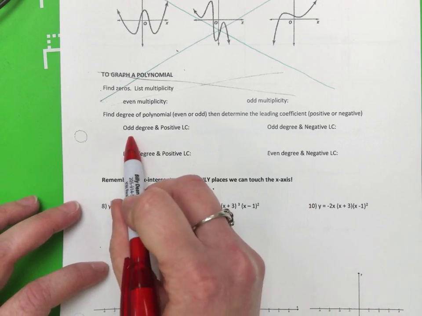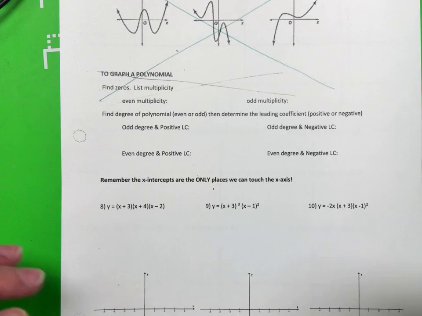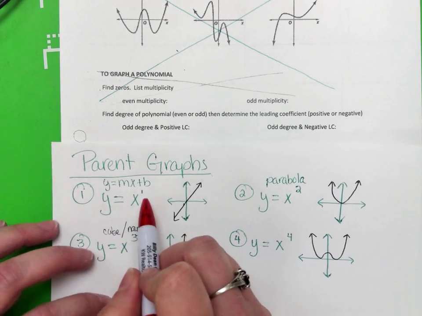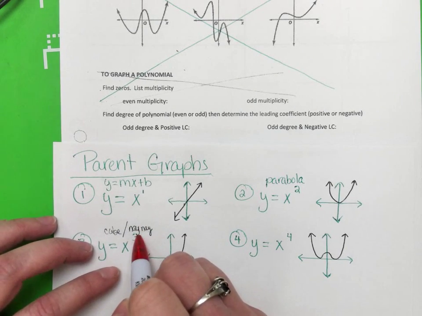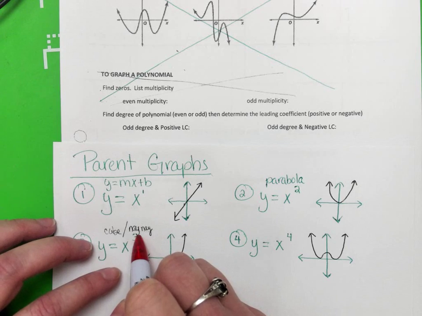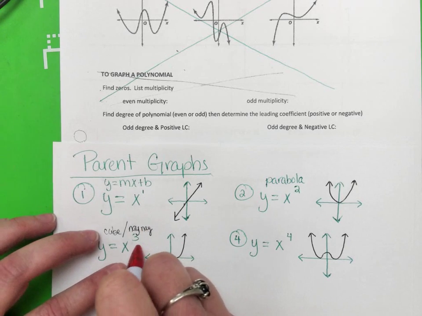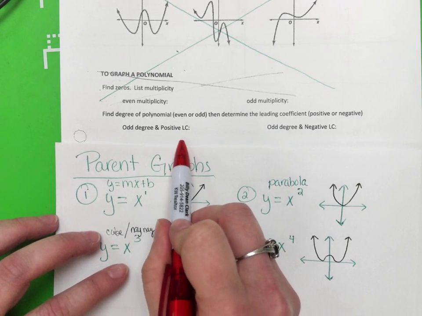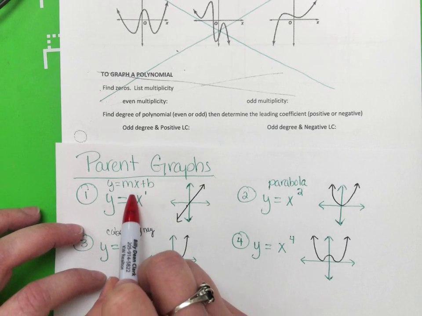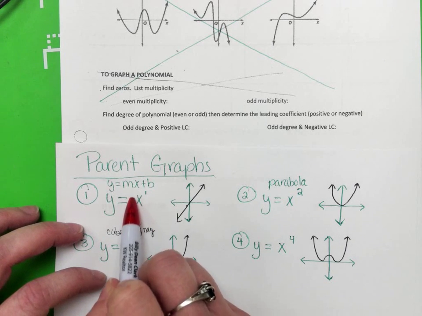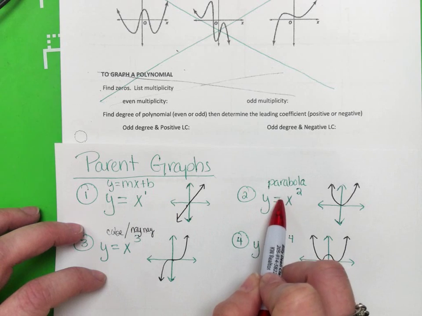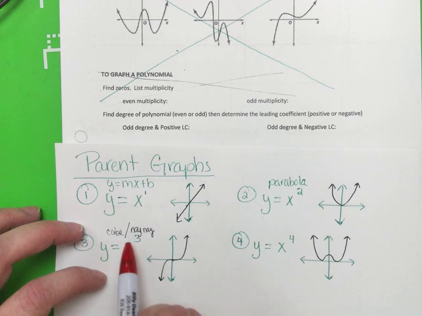If you have an odd degree, so look back at this paper that I told you to put to the side, odd meaning 1 or 3 or 5. We just haven't gotten to those yet. So if you have an odd degree and you have a positive leading coefficient, you see how this number in front is a positive, understood positive 1? All of these have understood positive 1s.